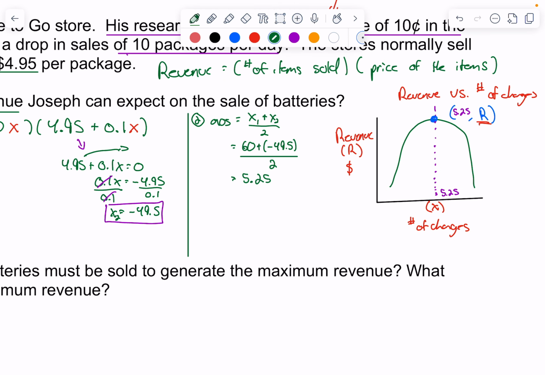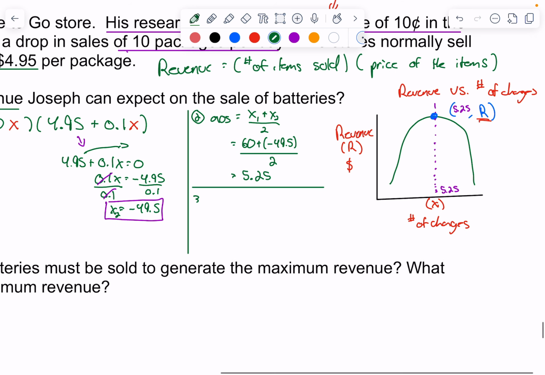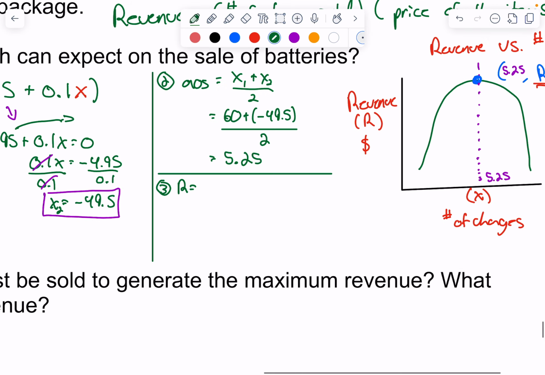Step 3, use that value to now calculate the max revenue. So you have an equation. R is equal to 600 minus 10x, times 4.95 plus 0.1x. Well, this x is the number of changes.